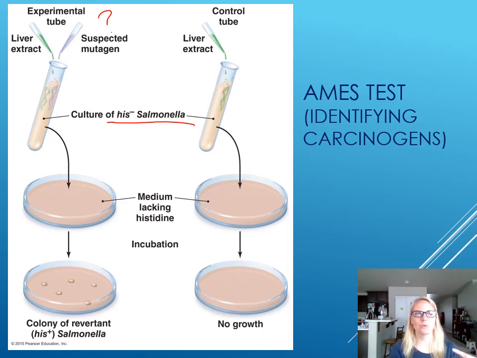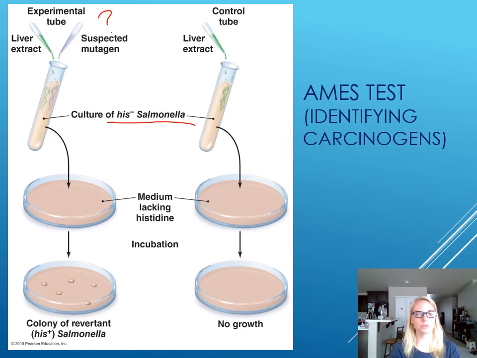Sometimes something that you take in is not carcinogenic, but after it gets processed by the liver, it turns into a carcinogenic derivative. And so we add those liver extracts to mimic the functionality of the liver.